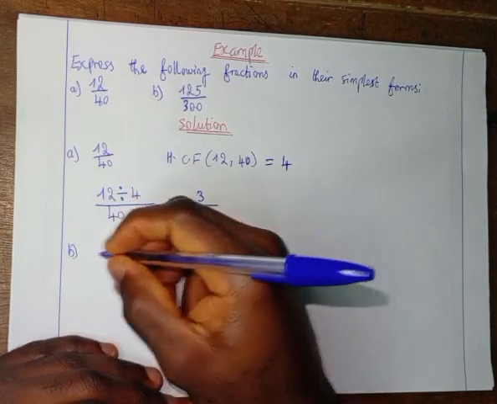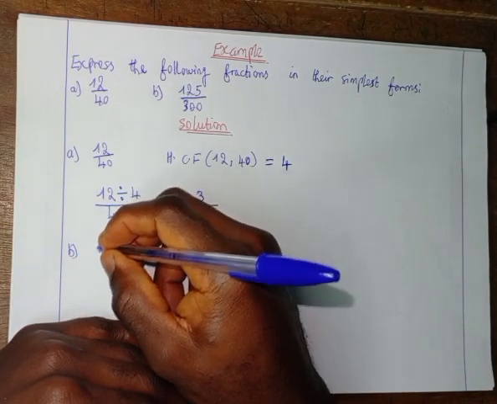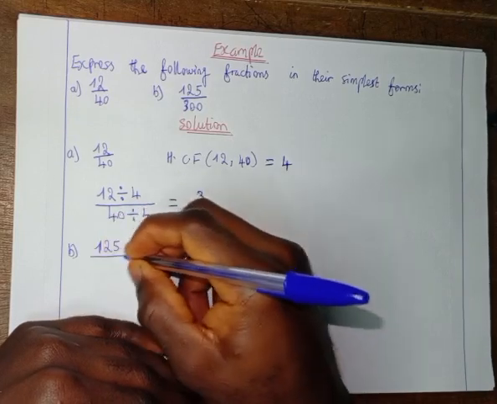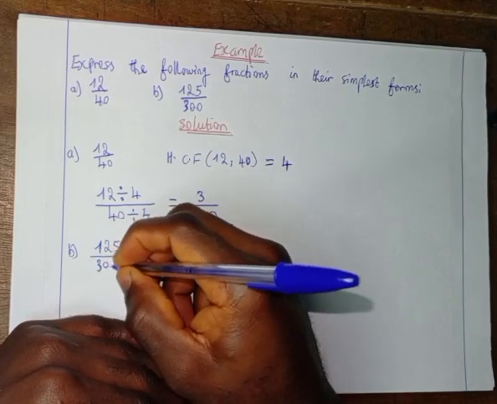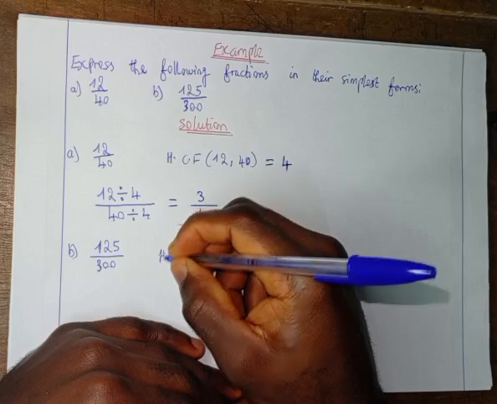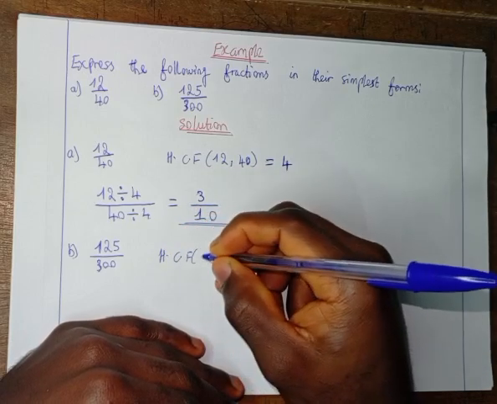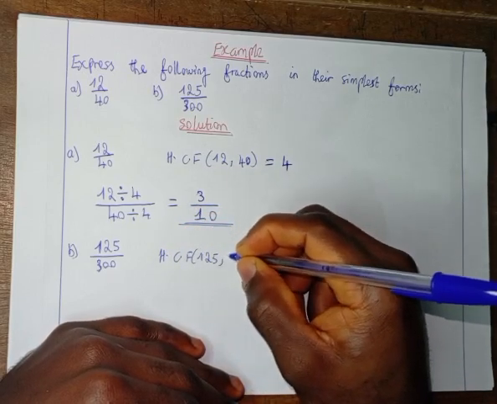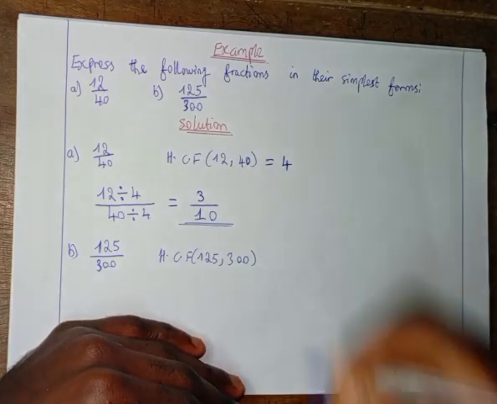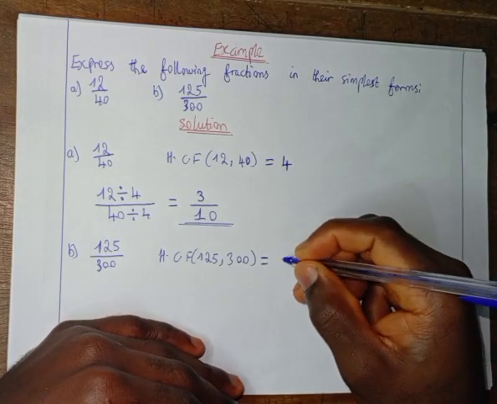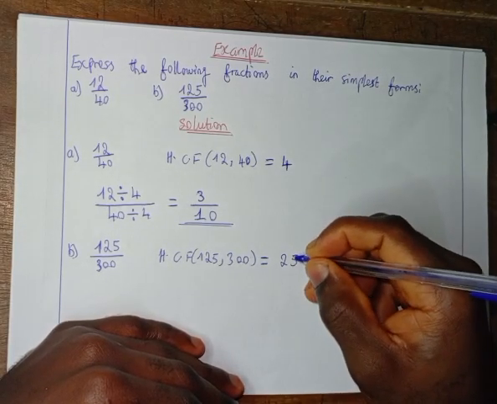We go now to B. For B, we have 125 over 300. First, we need to find the HCF of 125 and 300. This HCF will simply be 25.